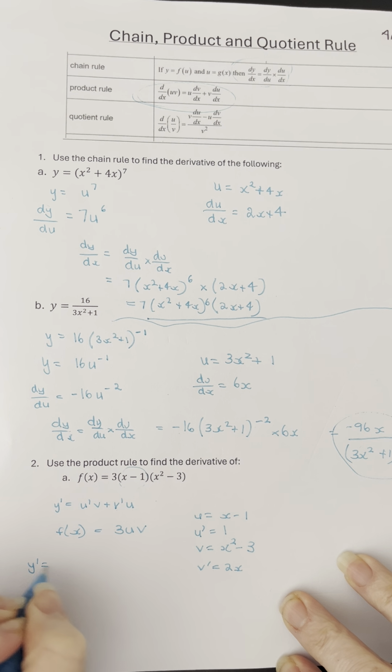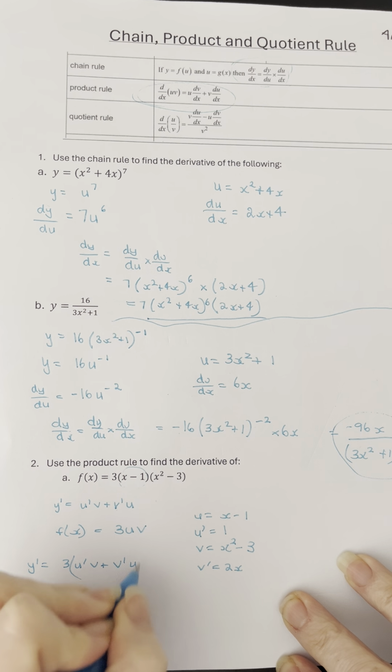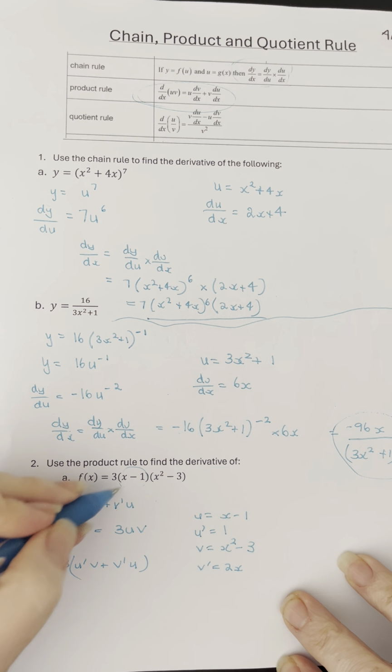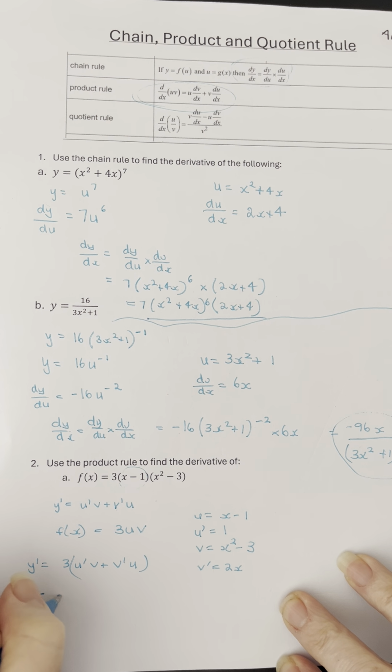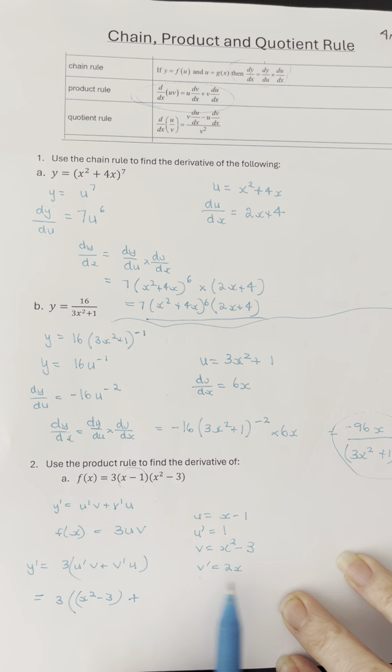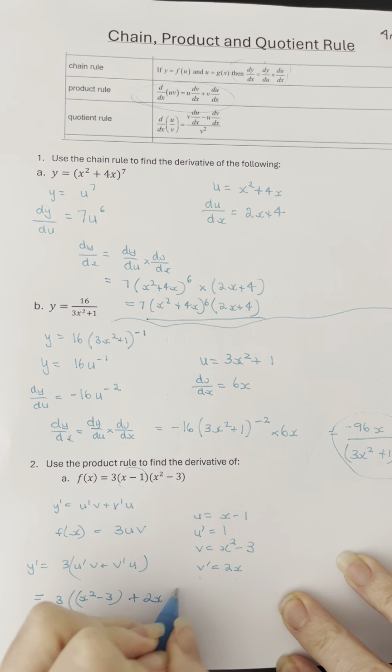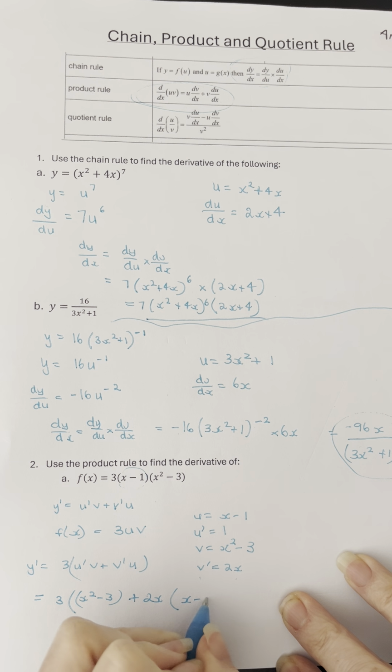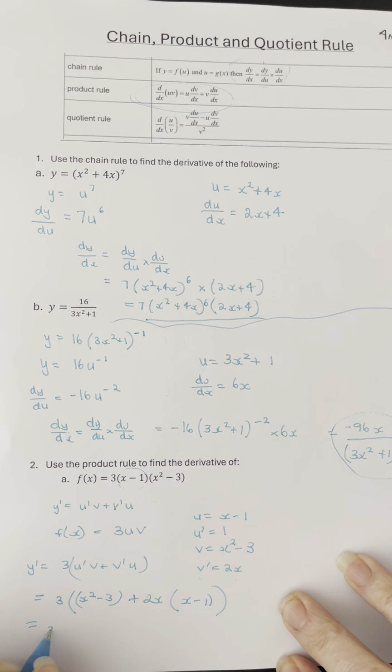So my y dash is going to be 3 times u dash v plus v dash u, and I'm going to put my brackets around there because we have that 3 out the front. So I've got 3 outside of, now my u dash is 1, so I really don't need to write that. My v is the x squared minus 3, and then I'm adding to that, v dash is 2x outside of x minus 1. So I've got my 3 at the front.